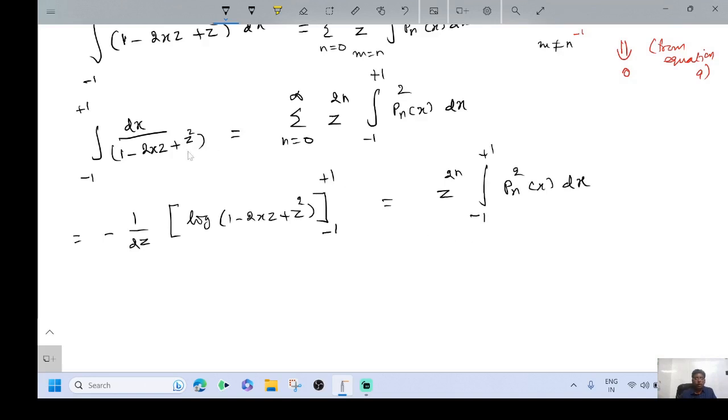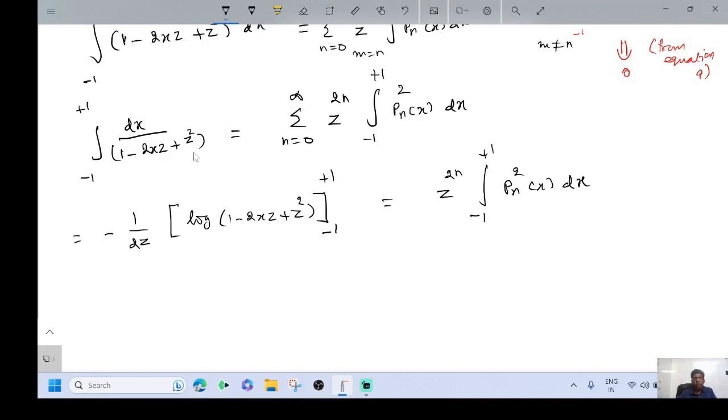So here, take this minus 2z. If you differentiate this, you can get minus 2z into dx. If you differentiate a quantity and then you get the numerator, the formula is log of the denominator.